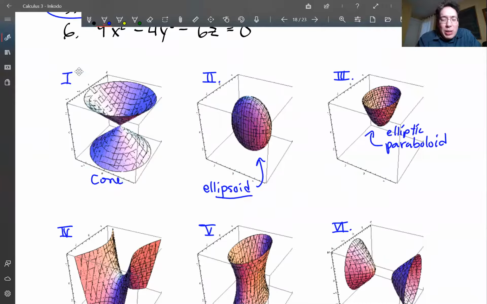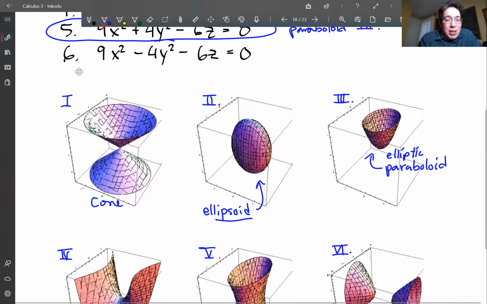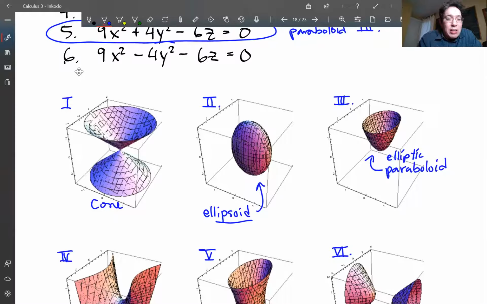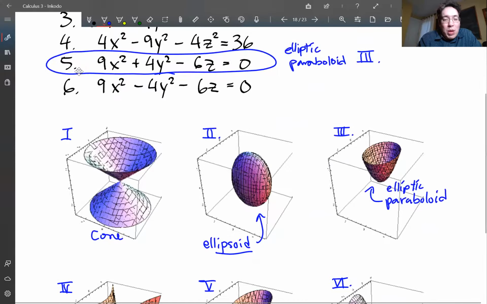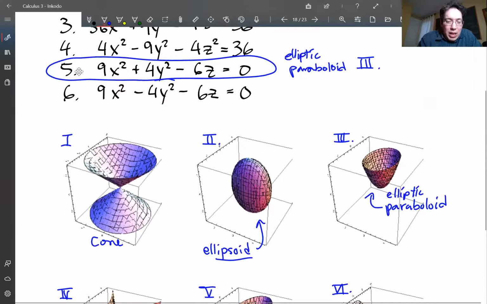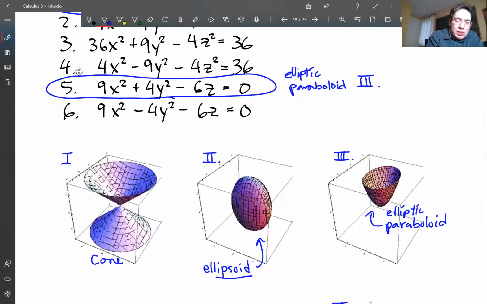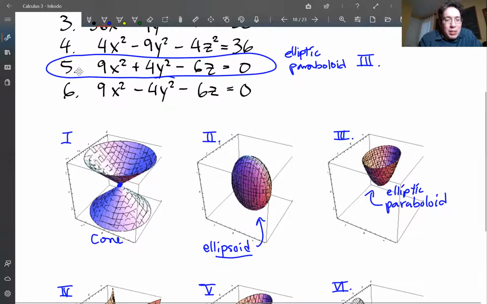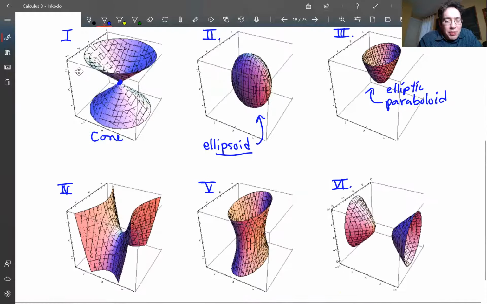So maybe one way to narrow down the choices is to notice that some of these pictures have the origin included in the graph, and some of them don't. So what I mean by origin is the point 0, 0, 0 in the picture. So if you look at this picture, the origin is at the tip of these two cones.